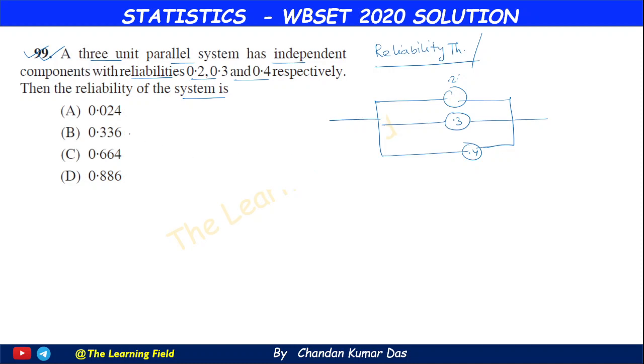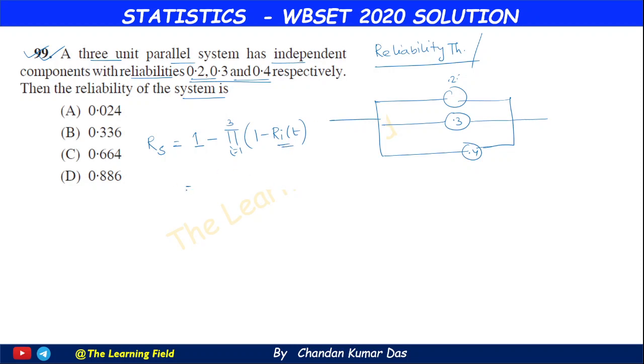Now what is the system reliability? So reliability of the system Rs is equal to 1 minus the product of 1 minus Ri(t). This is the formula, i equal to 1 to 3, since there are 3 independent components, and Ri(t) is the reliability of each component.